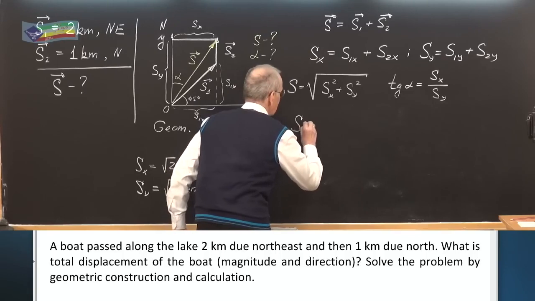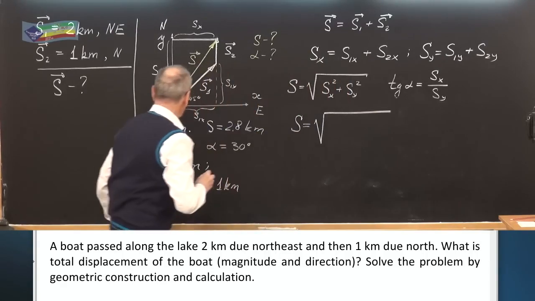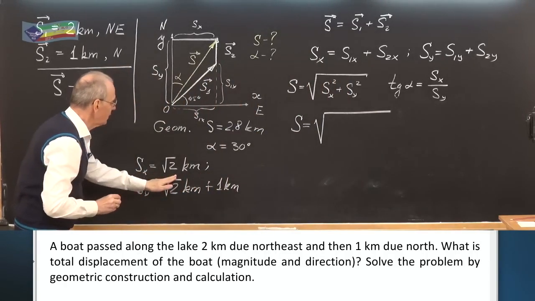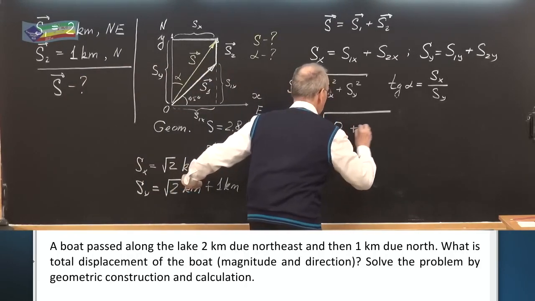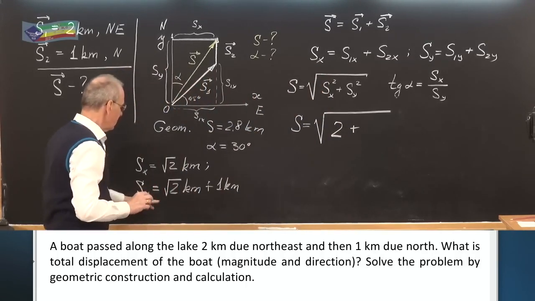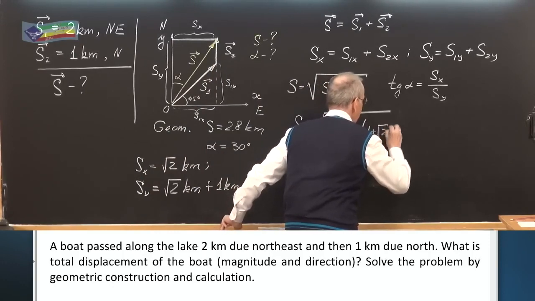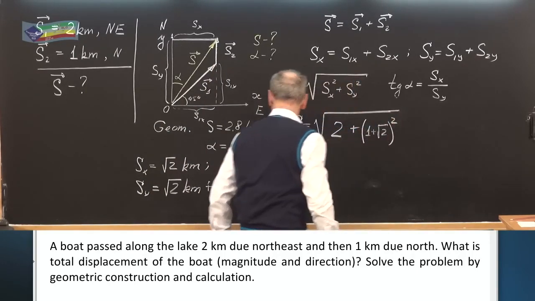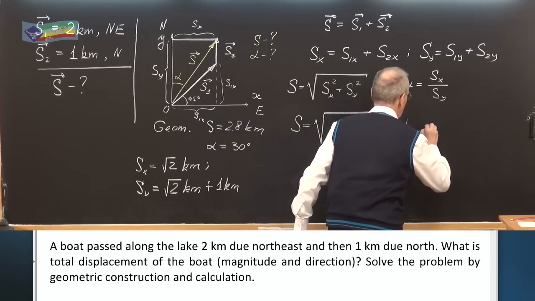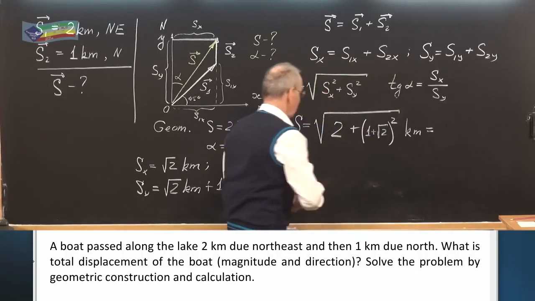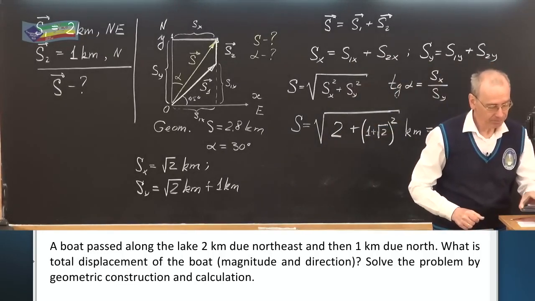S magnitude is the square root of Sx squared, which is 2 kilometers, plus Sy squared, 1 plus root of 2, squared, kilometers, equals. Now we should take a calculator and find the result.